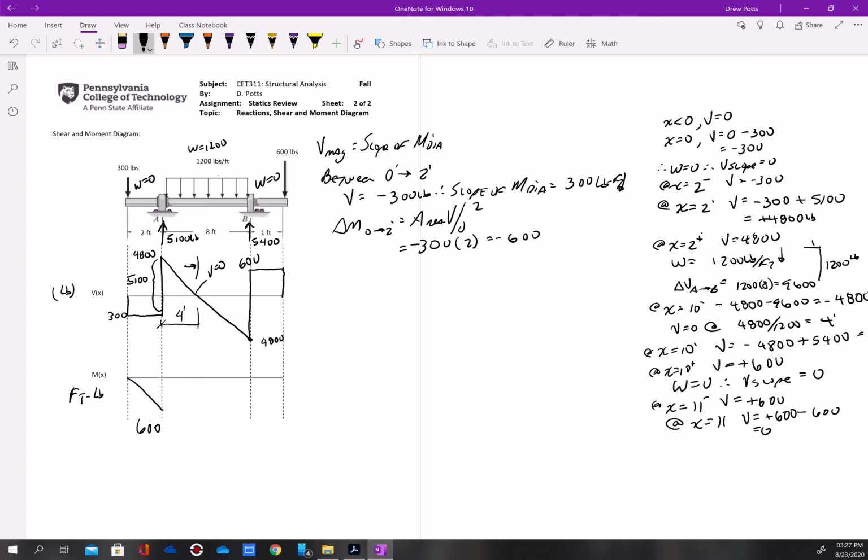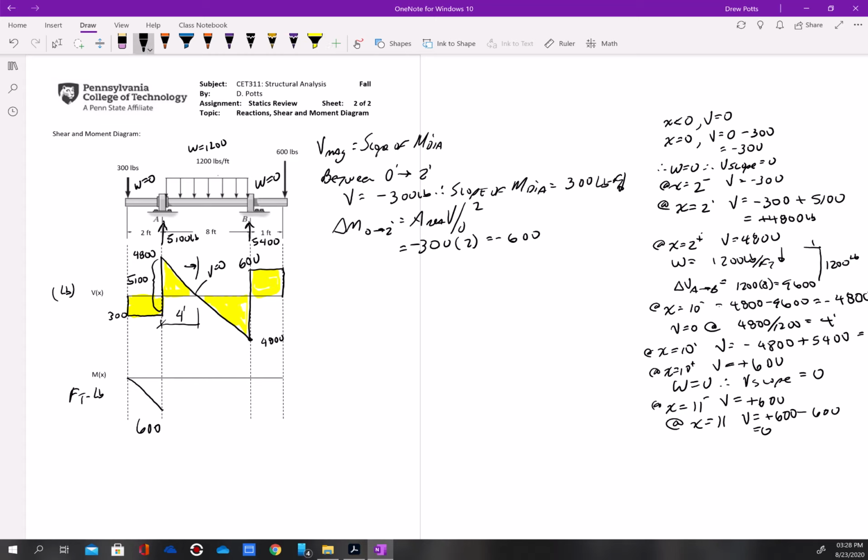And notice that that is the area here. The positive area here means we're going to have a positive change in moment. Here we're going to have a negative change in moment. Here we're going to have a positive change in moment.